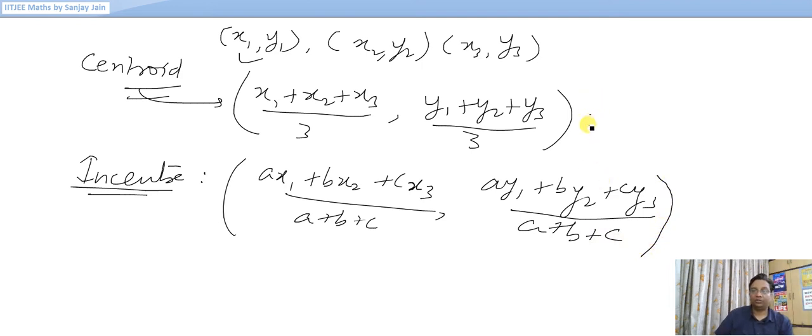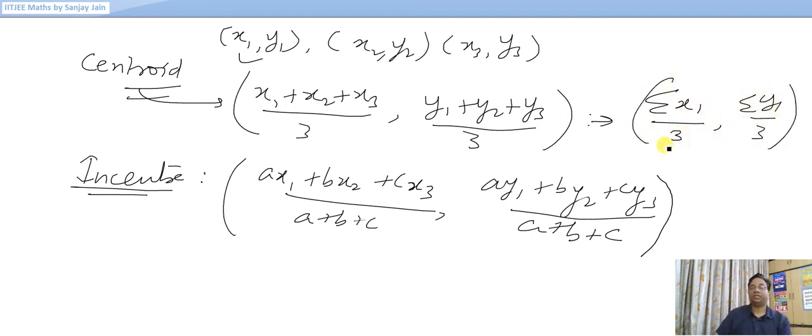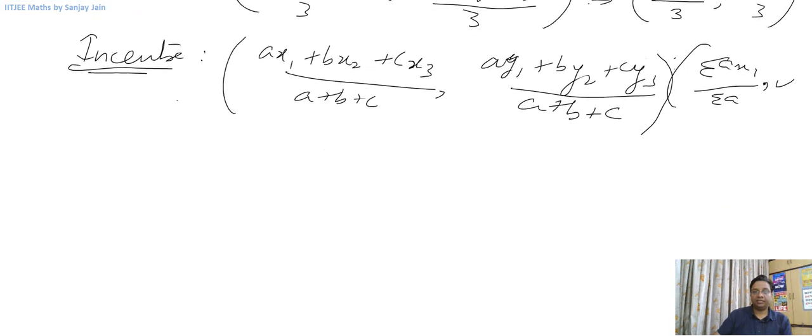Okay, in short form, if you know the sigma notation, then you can write the centroid as (sigma x1/3, sigma y1/3). These coordinates can also be written like this, right? Similarly, you can write the incenter coordinates in sigma notation as sigma ax1 divided by sigma a, comma, and similarly the y coordinate. Okay, so now you know the coordinates of the centroid as well as the incenter.